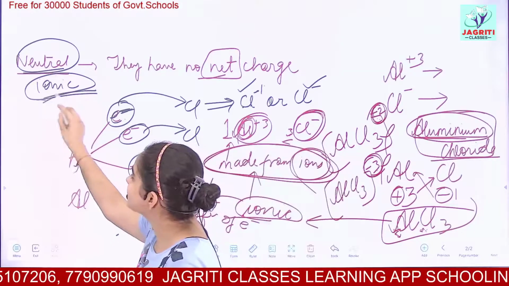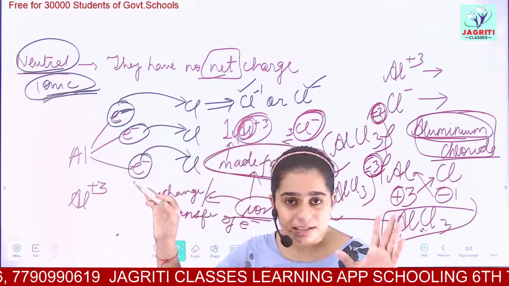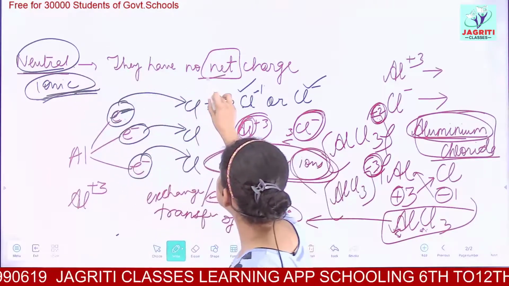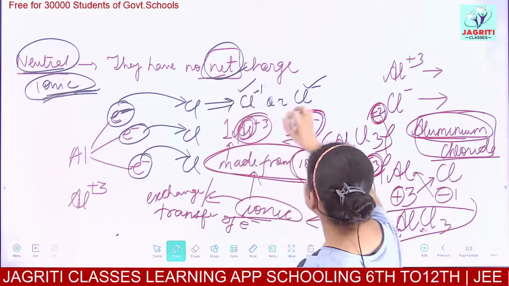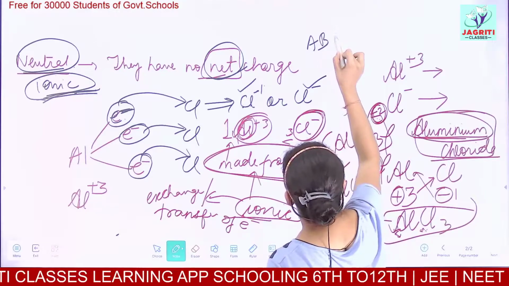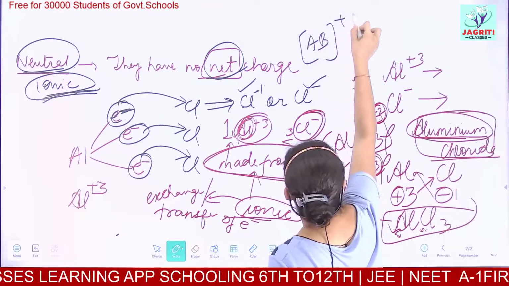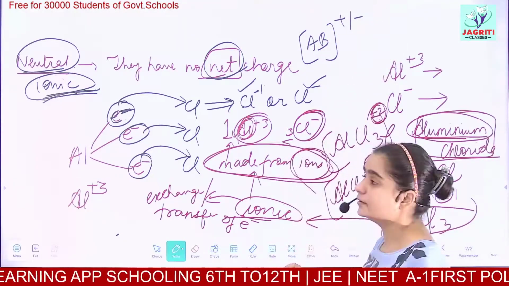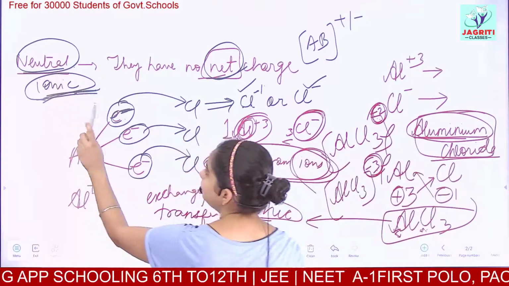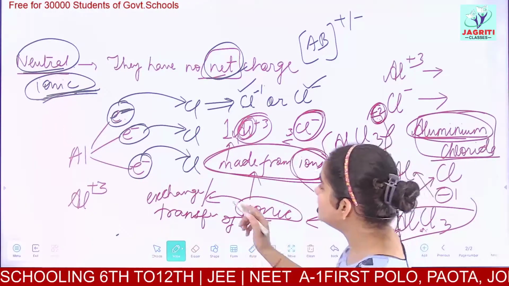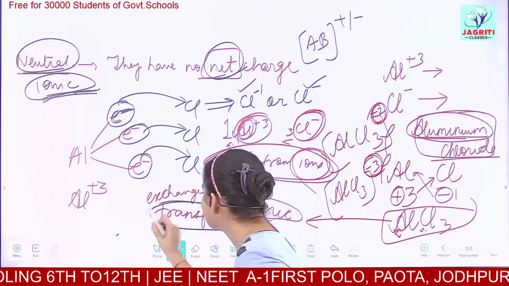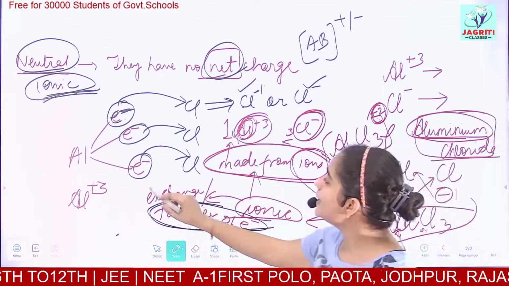So please understand, ionic means made up of ions. Neutral means it has no net or final charge. That is, any compound AB, if it has no plus or minus charge written on it, then we call it neutral. And if it is made up of ions, that is, if it is made by transfer of electrons. How are ions made?